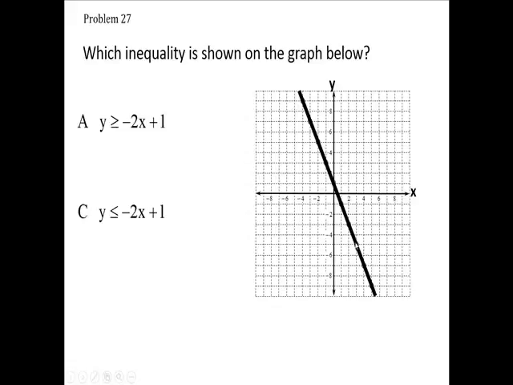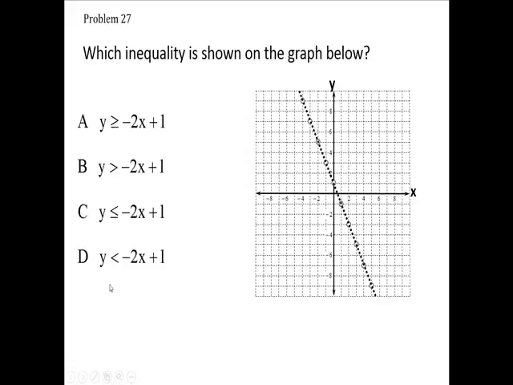If this line is solid, then what you want here is a little line right here. I know that's kind of a funny way to look at it. This is really a greater than or equal to sign, but my little trick is if you have a line here, then you have a line here. If you don't have a line there, then you can't have the line here or here.